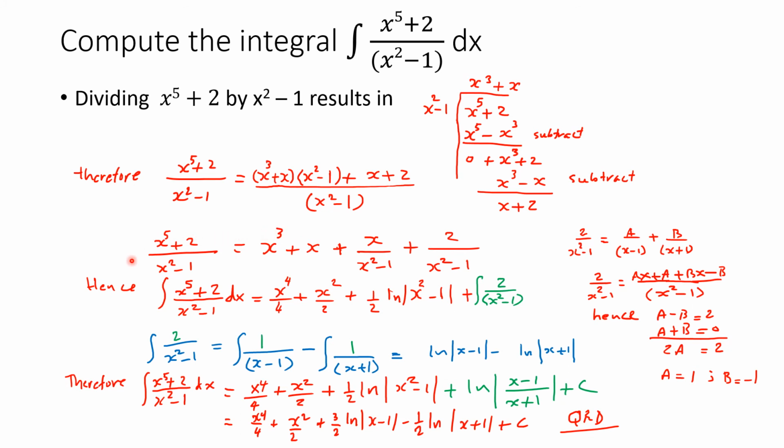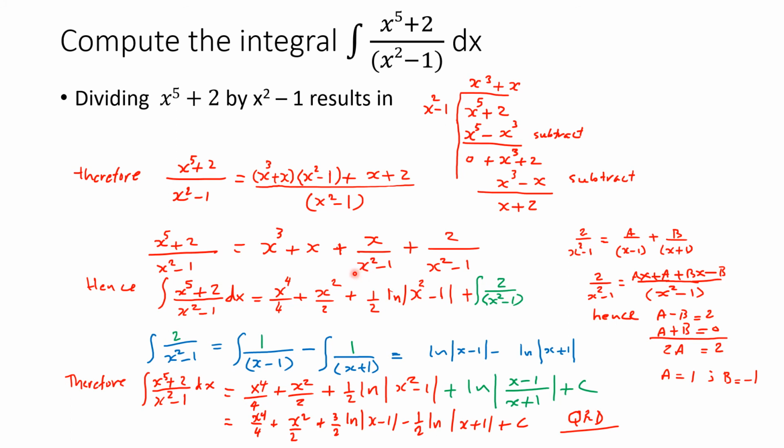Now, to do the integration of the left-hand side, we have to perform the integration term by term of the right-hand side. So do the integration of the first term. It will give me x to the power 4 divided by 4. Second term will give me x to the power 2 divided by 2. Third term, we can see that we can use ln. Why?